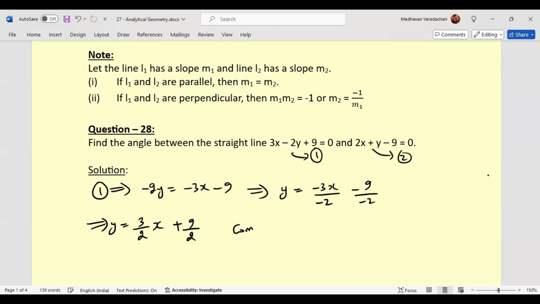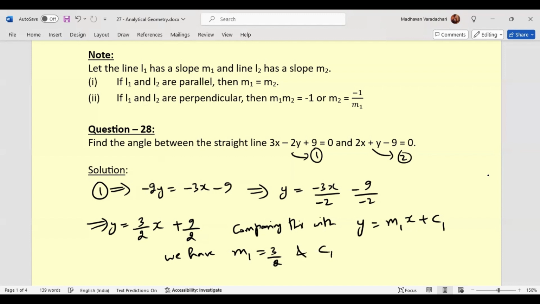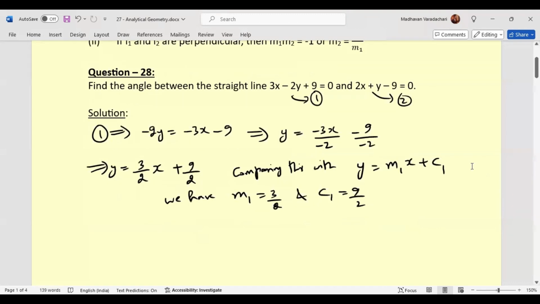Comparing this with y is equal to m1x plus c1, we have m1 is 3 by 2 and c1 is 9 by 2. Now, same way, let us consider second equation.